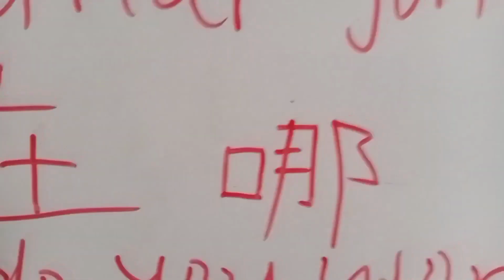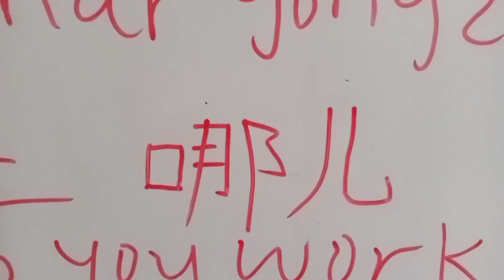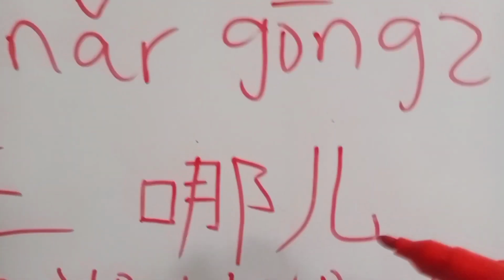Do you remember it? To add this R, this is what you do. Like this, and then like this, and that's all. This is nar, nar. So this one now is where.